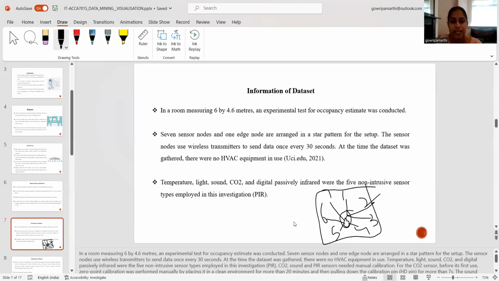The main sensors that play a vital role in gathering the room estimation are temperature, light, sound, CO2, and digital passive infrared, which are non-intrusive sensors.